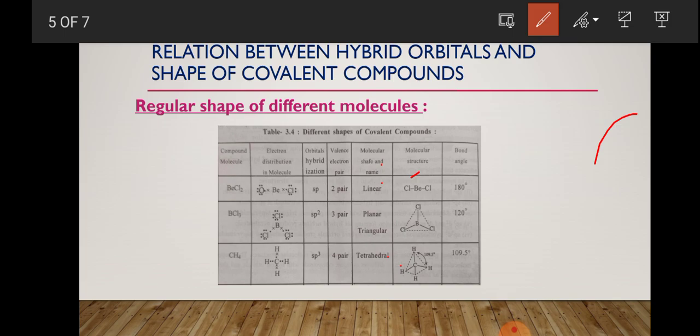Look at the figure, please. sp hybridization forming two hybrid orbitals and produces linear structure.